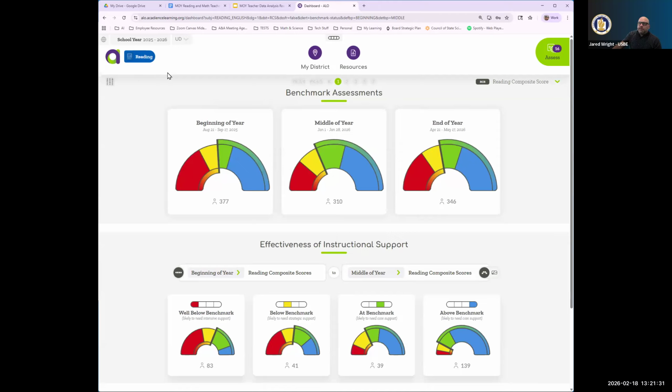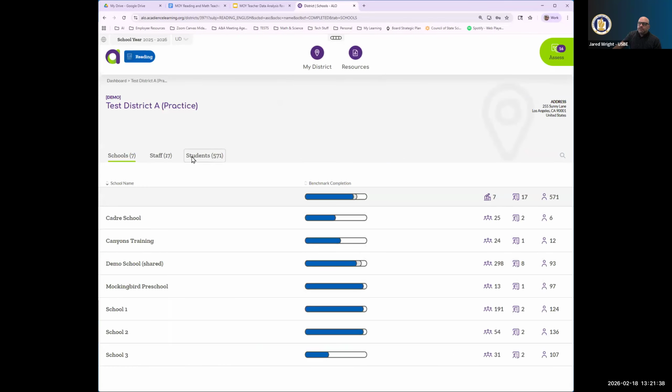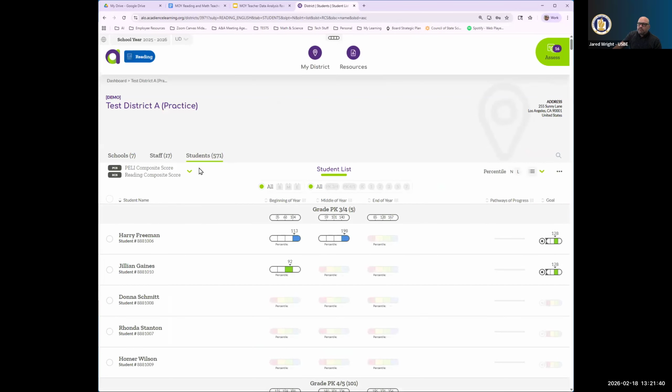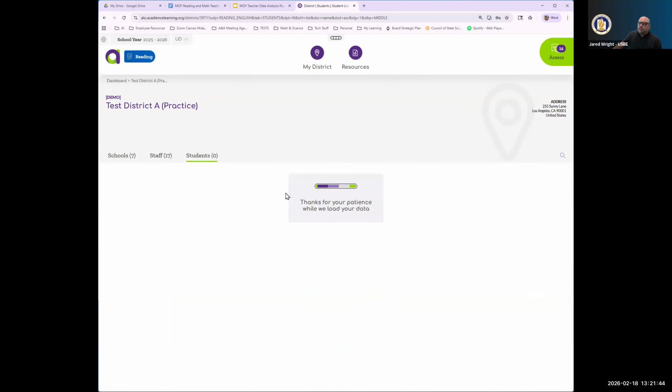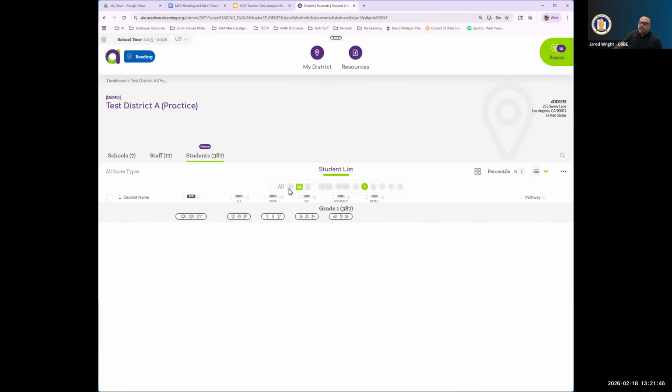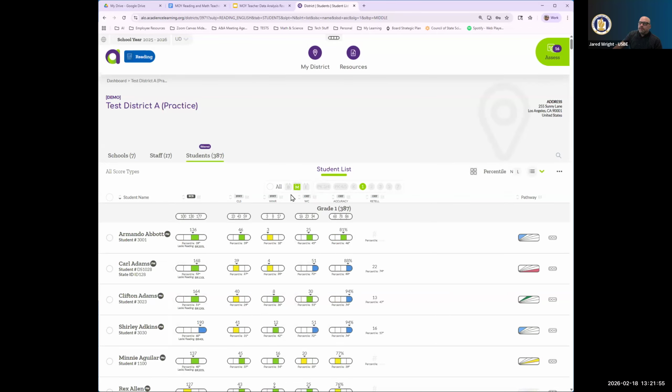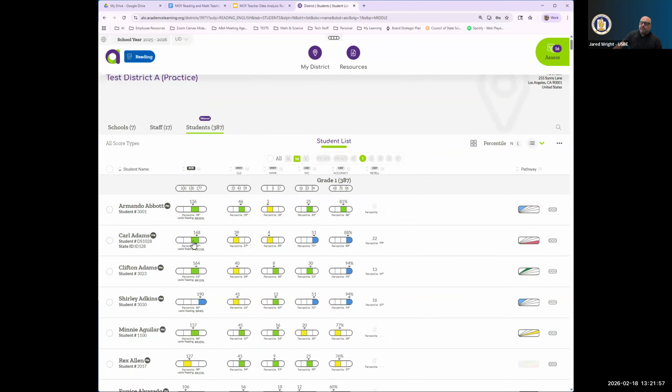Then also, let's go to just a student view. If I go to middle of the year or beginning of the, oh, mine's really slow. I can select the time of year over here, and just right after the student name is where I would see the composite score.